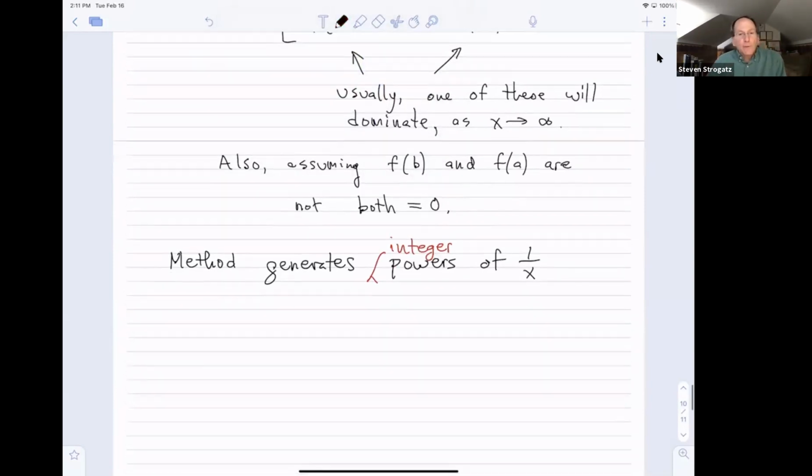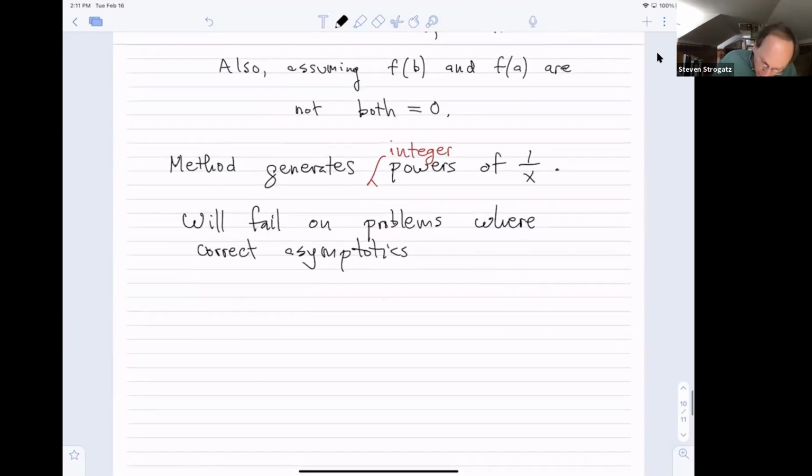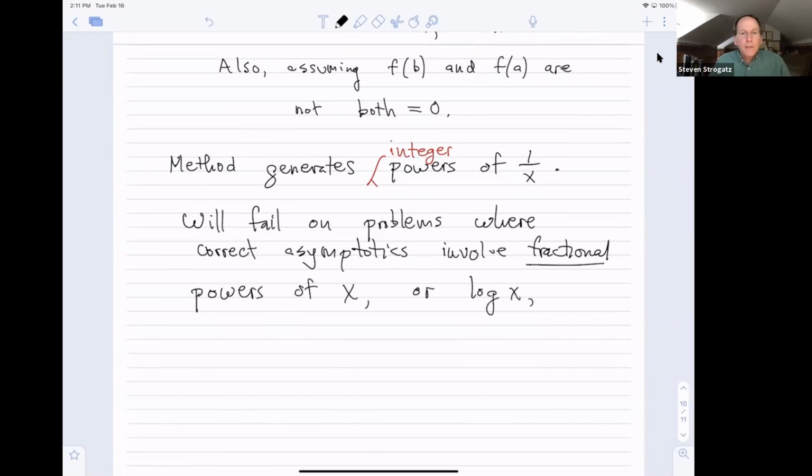And so this method will fail for certain problems, where the correct asymptotics involve, let's say, fractional powers of x, x to the half, that type of thing, or terms that involve the natural logarithm of x. This method will not be able to generate such terms.